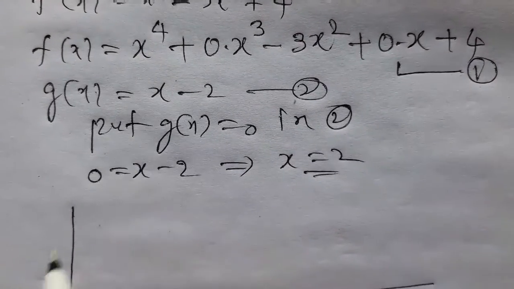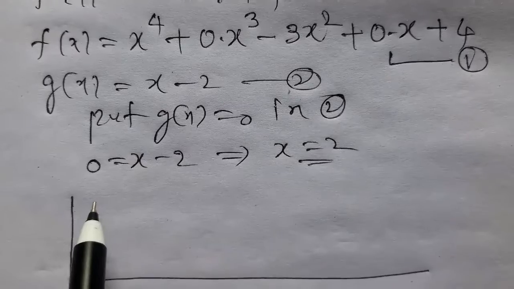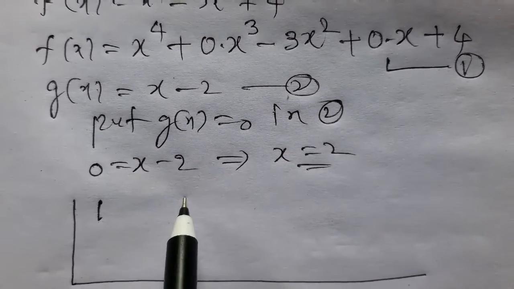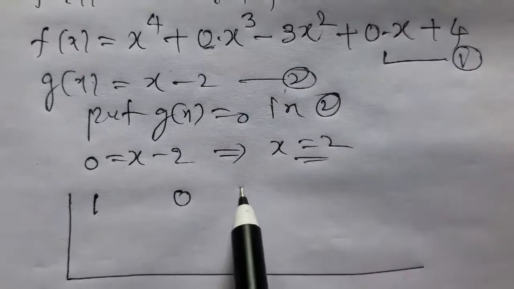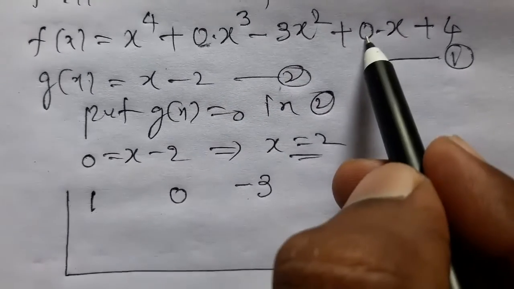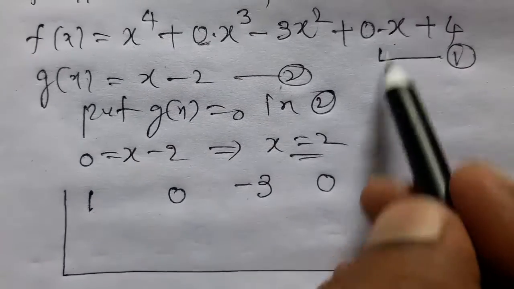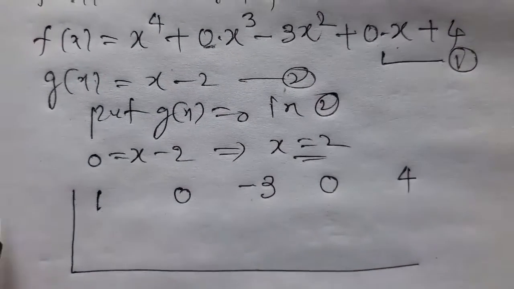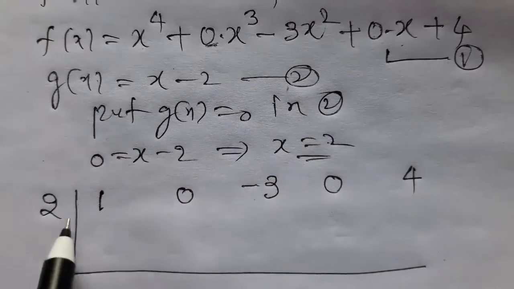What is the first coefficient? x power 4 means 1. Second coefficient, x cube not there, 0. Third coefficient minus 3. Fourth coefficient, x coefficient not there, so 0. Constant is 4. So this 2 is there, take this 2 here.